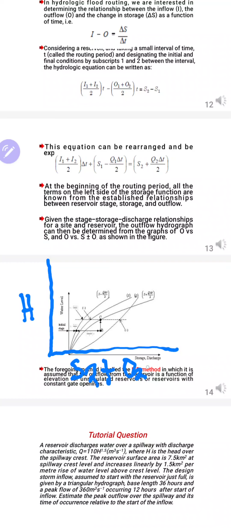Then on the secondary x-axis, you're going to have outflow. This is simple and straightforward, because once you plot, you just come here and get the values.